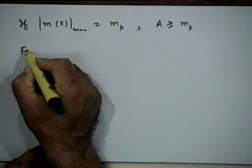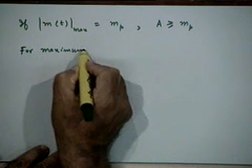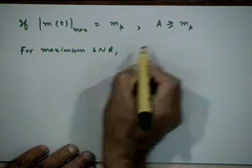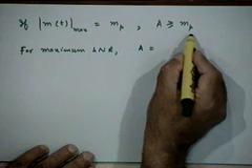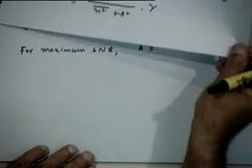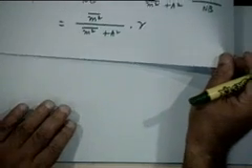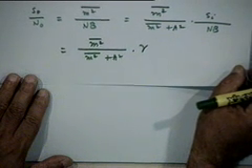So for maximum SNR, what should we do? To obtain the maximum possible SNR, we should choose A equal to the smallest possible value, because that will give you 100% modulation.